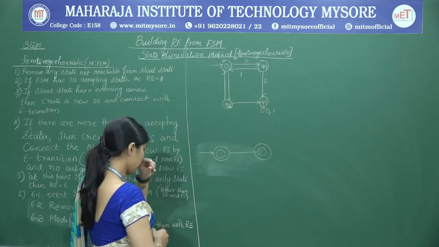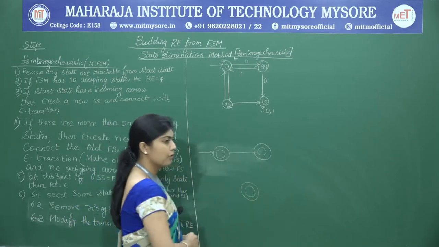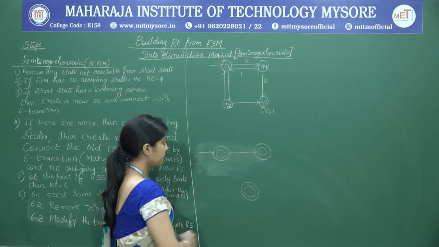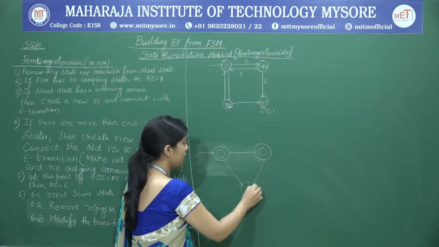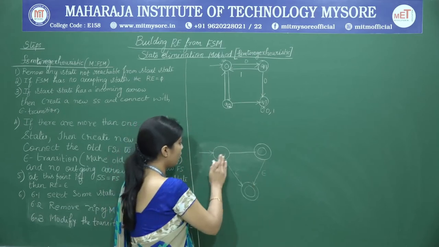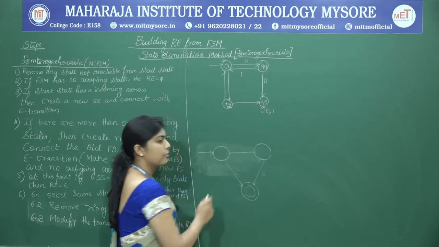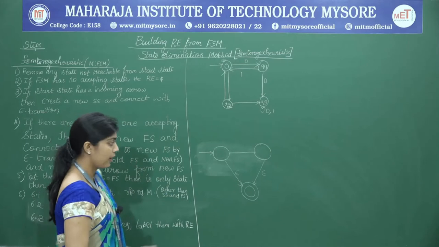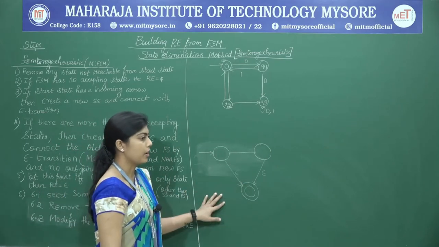Then we create a new final state, connect both the old final states to it via the epsilon transition, and make the old final states non-final. This is the procedure we follow if any automata has more than one accepting state.